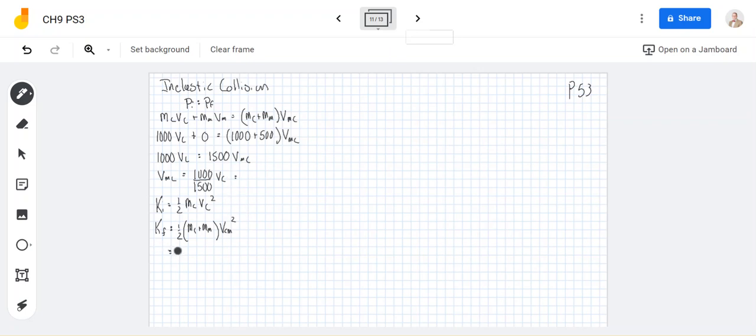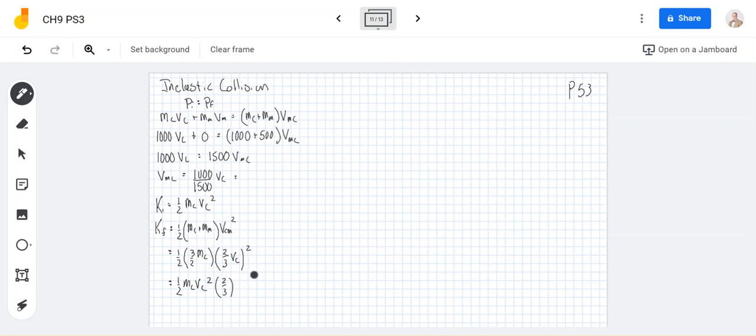So I have 1/2, now I added this on, so this is 3/2 times the mass of the car, and this is 2/3. If I look at this, I end up with 1/2 mass of the car, speed of the car squared, and what's left over is 2/3. And so the kinetic energy after is 2/3 the kinetic energy before.